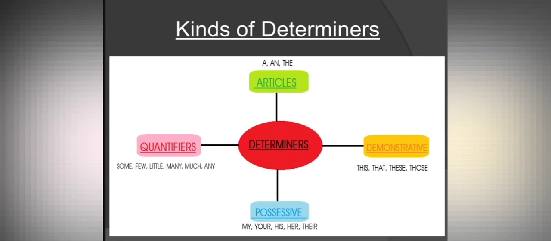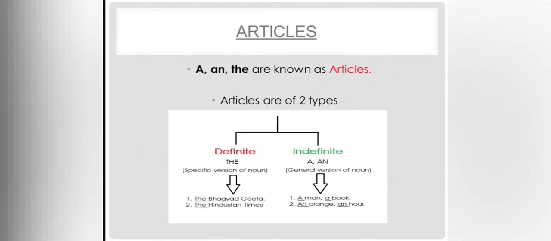This, that, these, those come under demonstrative. My, your, his, her, their, mine, all these words come under possessive determiners. And some, few, little, many, much, any, more, all these words come under quantifiers. So let's study about them in detail.